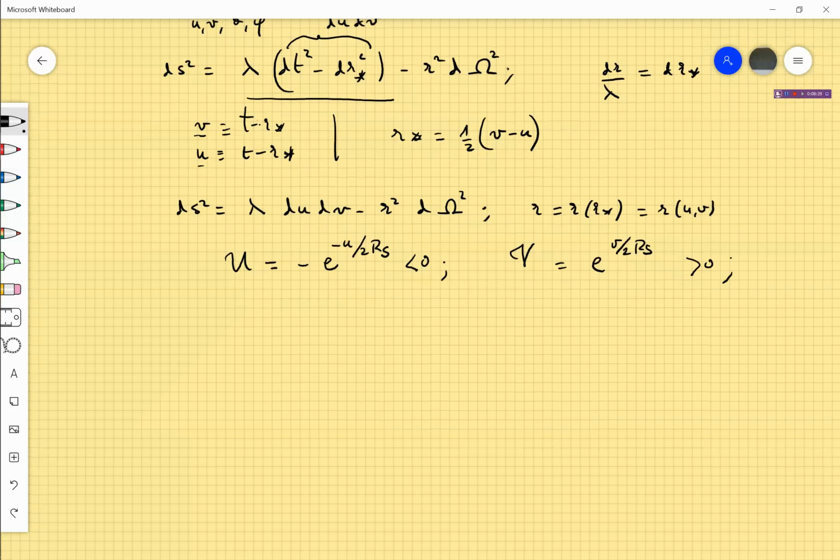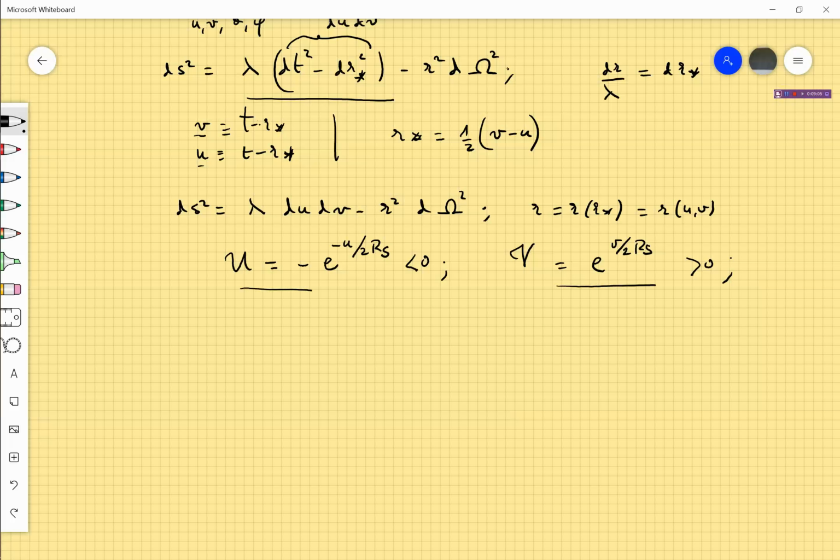However, if in the final metric that we find there may be no restrictions for the value of U, it may happen that the metric that we obtain is valid for all values of U, positive or negative, and the same for V. In that case, we will have extended the original metric to a region that was not covered by small u or small v, because the regions covered by small u and small v were the regions in which U is negative and V is positive.